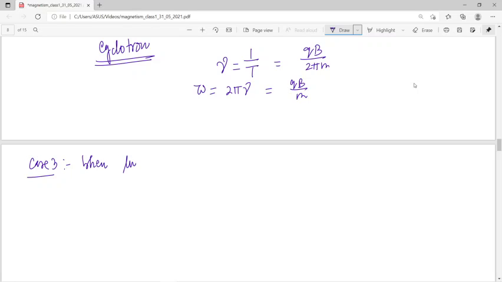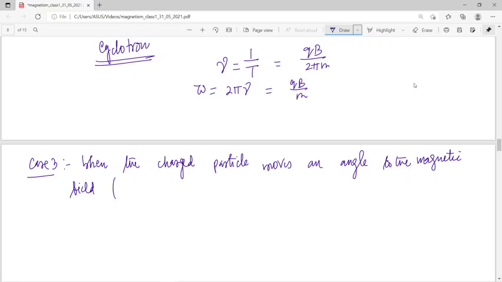When the charged particle moves at an angle to the magnetic field, other than 0 degree, 90 degree and 180 degree, what will happen in that particular case?